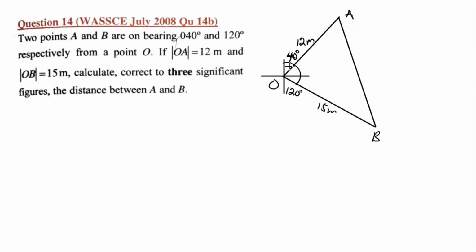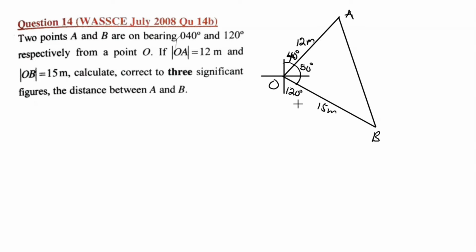Therefore, what is the remaining angle? The remaining angle is going to be between the North Pole and then the East Pole. That will be 50 degrees because the total should be 90. And then between the East Pole and the terminal line that leads me to B, the total was 120 degrees.